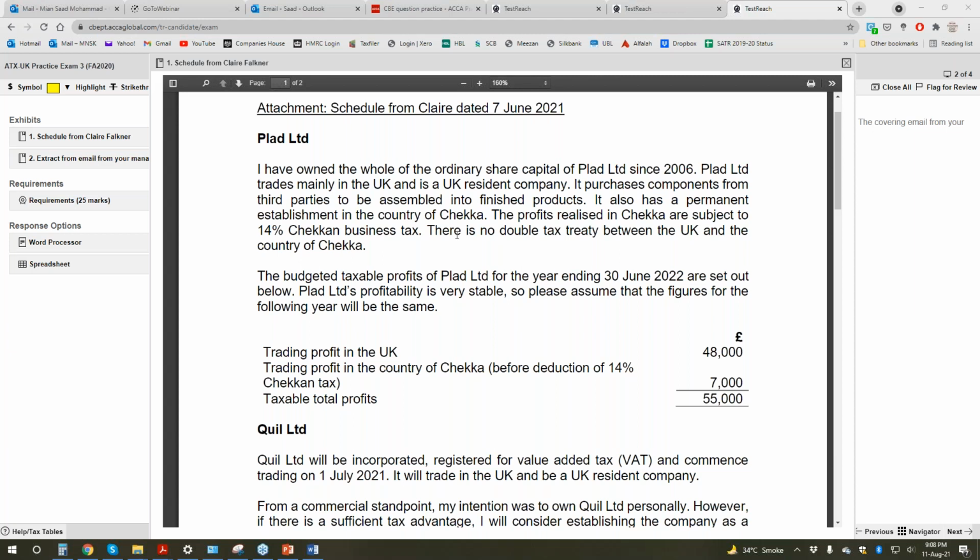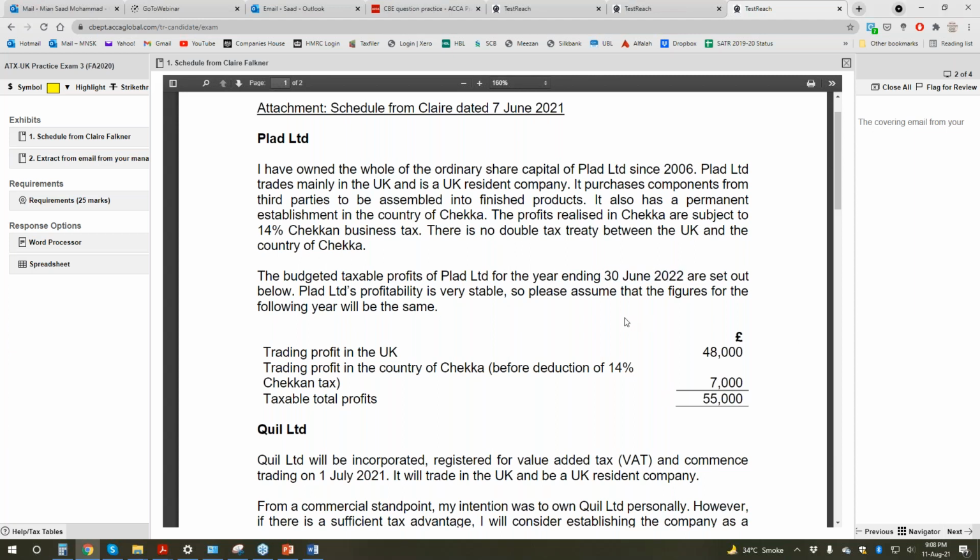P Limited's profitability is very stable, so please assume that the figures for the following year will be the same. Okay, that's fine. Trading profit is 48,000 and the trading profit that the company has earned before the deduction of 14% is 7,000. Now do remember guys, the total profits of P Limited is 55,000 for this year.